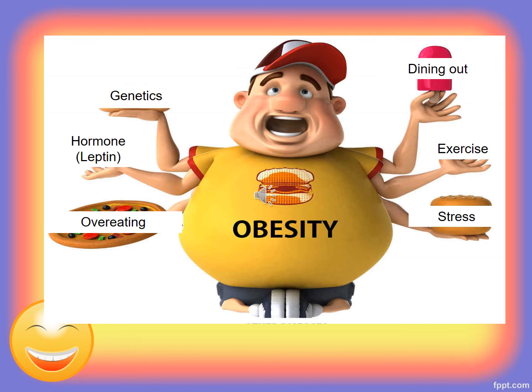Let's talk about obesity. But before that, let's understand what obesity is. Obesity is one type of eating problem that people will have. Other than obesity, people can have other eating problems such as anorexia nervosa, bulimia nervosa, binge eating, and some other eating disorders. So, what is obesity?